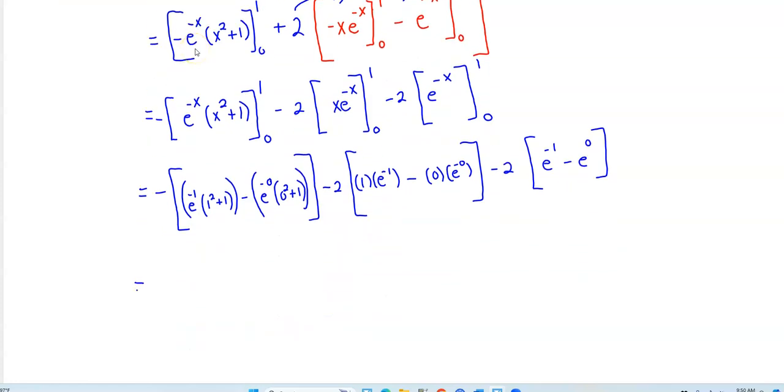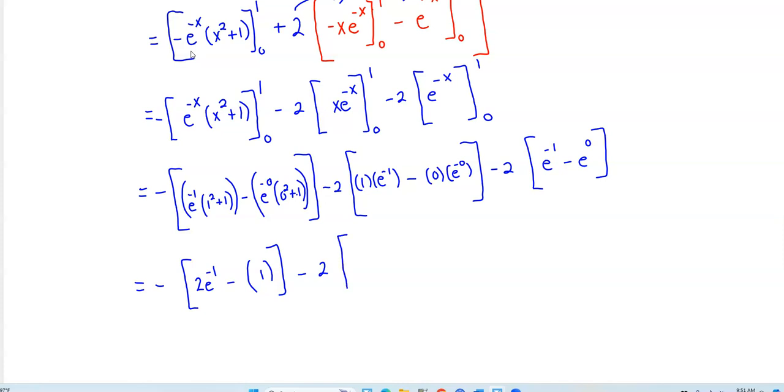So let's go ahead and simplify. So we have a negative here, and so 1 squared is 1, and then 1 plus 1 is 2, so we get 2e to the negative 1 minus e to the 0, 0 plus 1 is 1, and 1 times e to the negative 0 is going to be 1, so that's going to be 1.